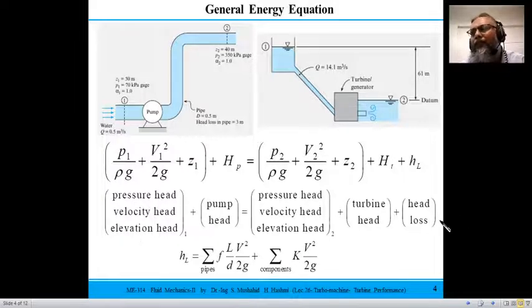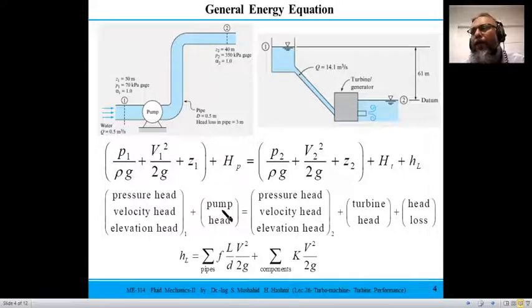So this is a simple energy equation, and I hope that you have seen it in your FM1 course as well. This is actually the same thing. This is the Bernoulli part, which is without the loss part. So you have some energy available in the form of the pressure head, velocity and elevation head at section 1.